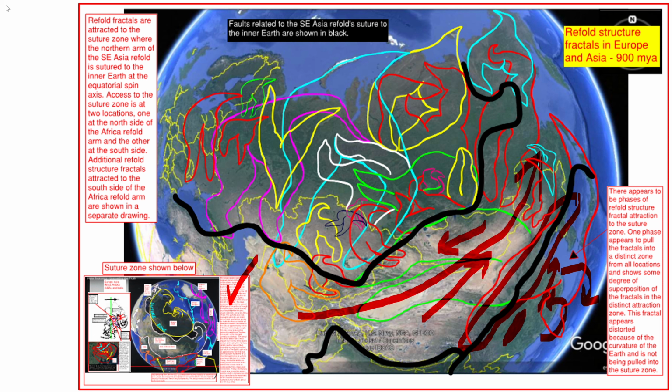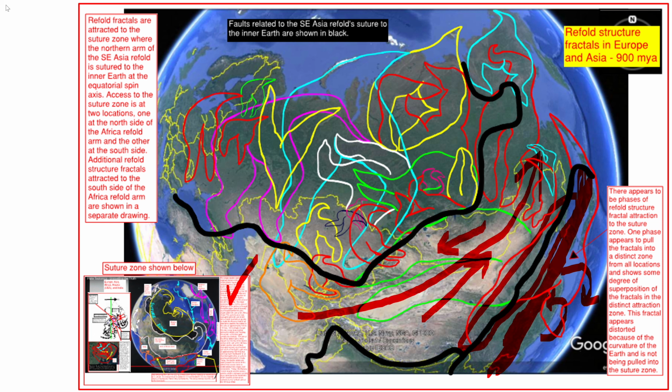So while performing this, what looks like the balancing act shown on the insert and discussed before, the arm of Southeast Asia refold, which is over here that I'm highlighting, comes down this way and it goes to just south of India. It connects to the inner Earth below the equatorial spin axis of the Earth.